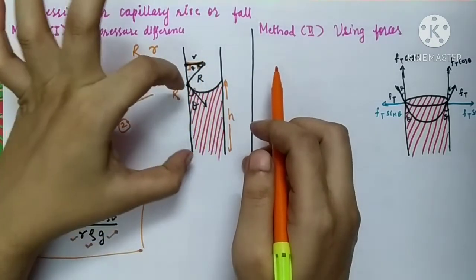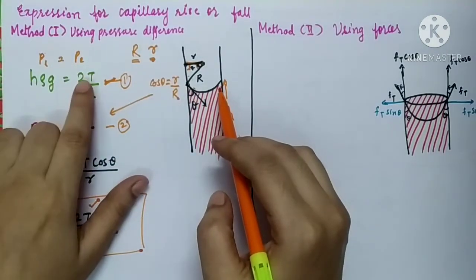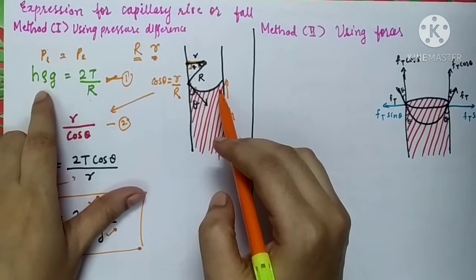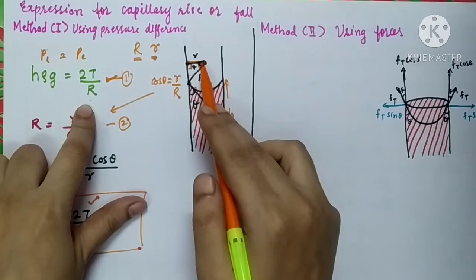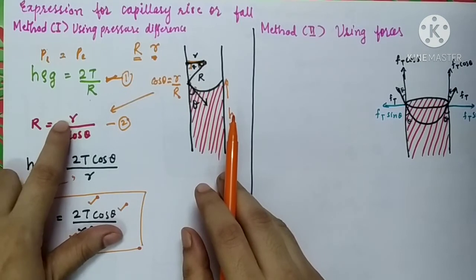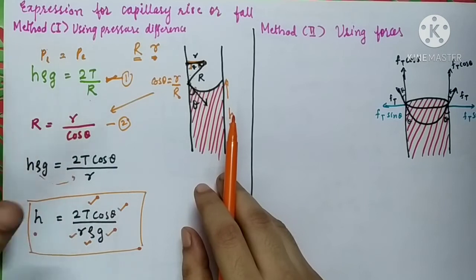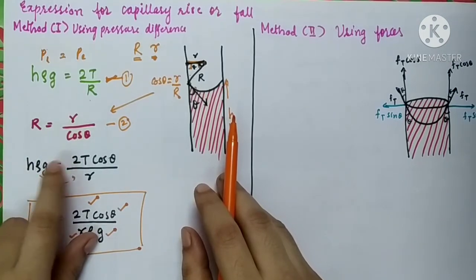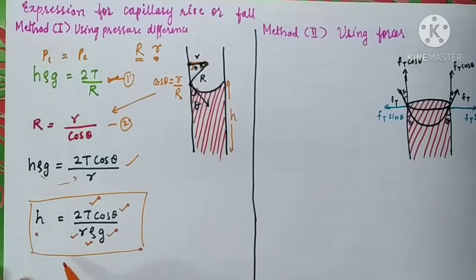Now equating the pressure of this liquid column with the excess pressure of a liquid drop, 2T upon R, we get h rho g is equal to 2T upon R. Then from the geometry of the figure, we can write capital R as small r upon cos theta. Then substituting the value of capital R in equation 1, we get h rho g as 2T cos theta upon r. And finally from this expression, we get the formula of h as 2T cos theta upon r rho g.